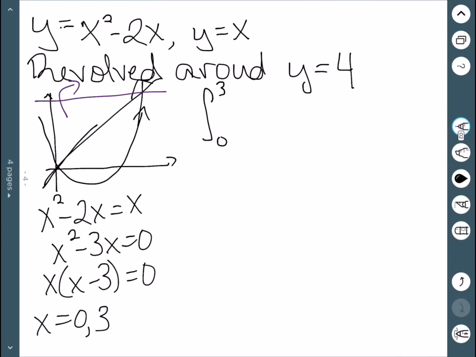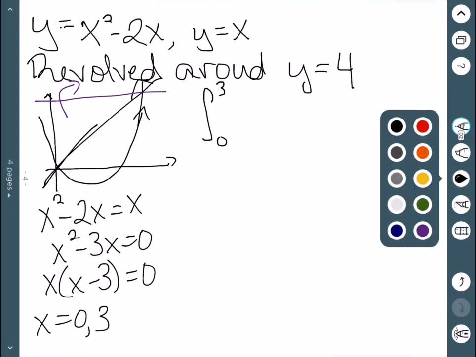For the first one, the total radius is going to be, in general, from this point, since it's 4 up, we have our function value of the bottom function, the distance from this to the center.